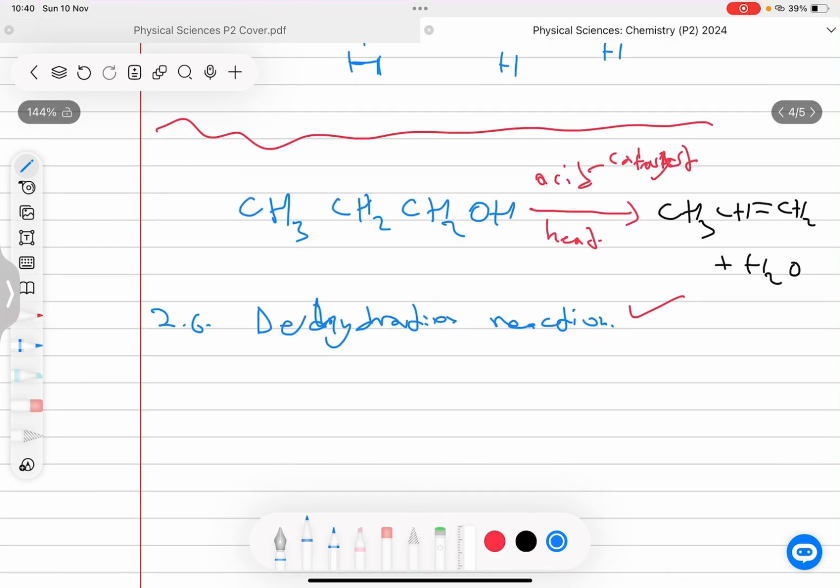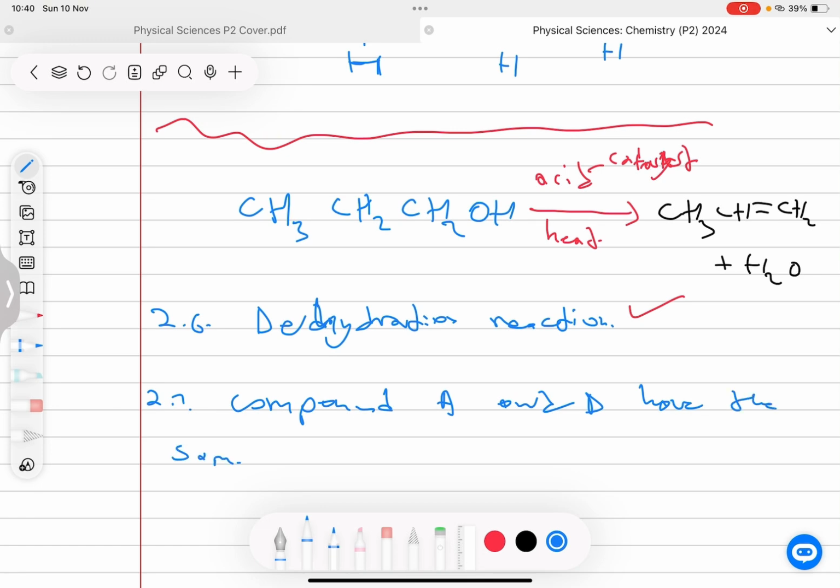So in your answer here, you will then come and say compound A and compound D have the same number of carbon and hydrogen atoms.